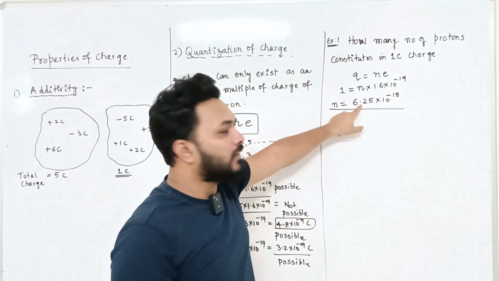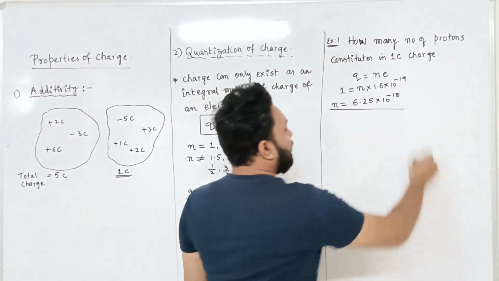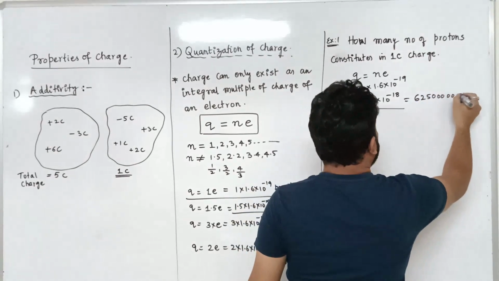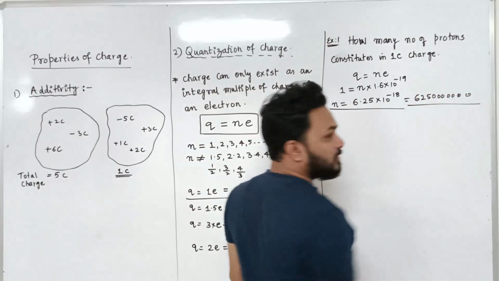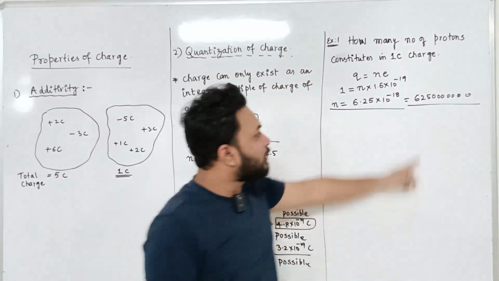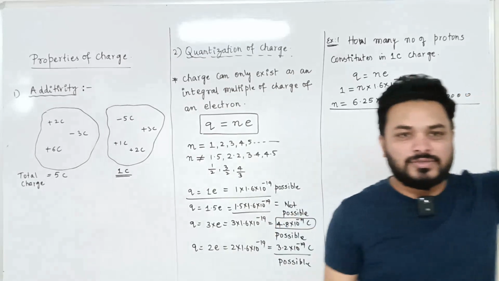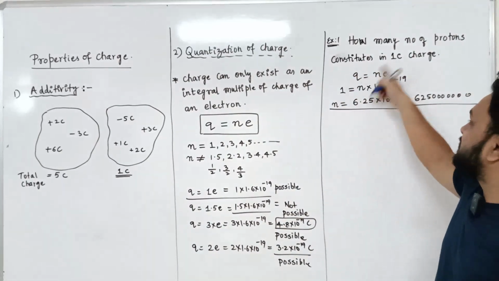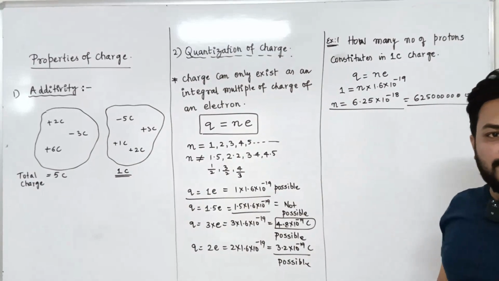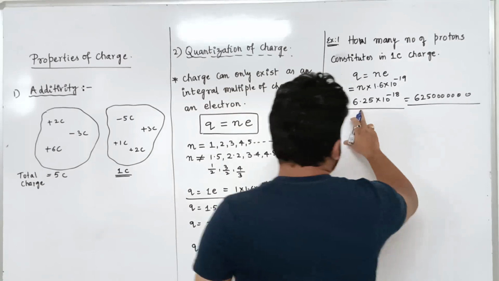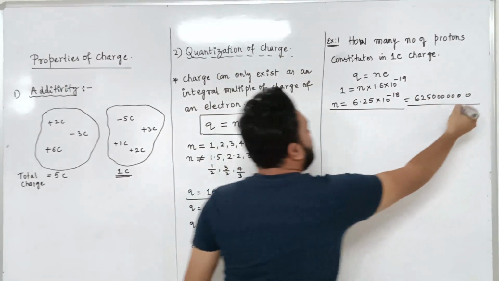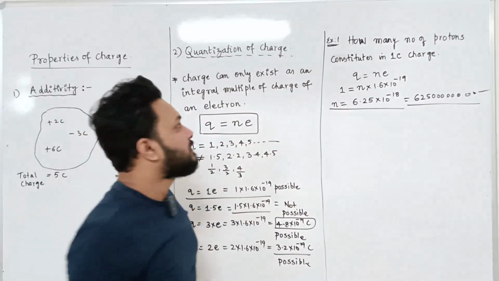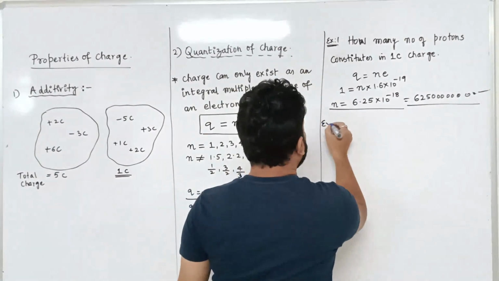We are getting a decimal value. See, it acts as 0, 0, 0, 0, 0, 0. It will be possible, no? So N equals 625 followed by some zeros. So it exists in nature. This 1 coulomb charge exists in nature. Got it? So how many protons are there? This many protons are there. Understood? Let's do the second example.